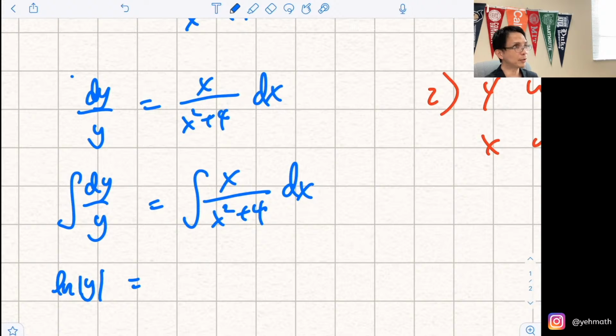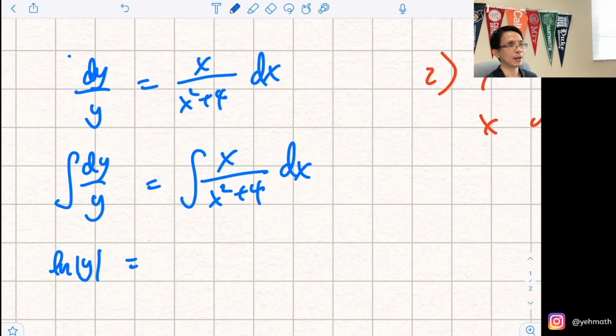So what's the integration of x over x squared plus 4? That was fast. Good job. How do you know it's ln though?